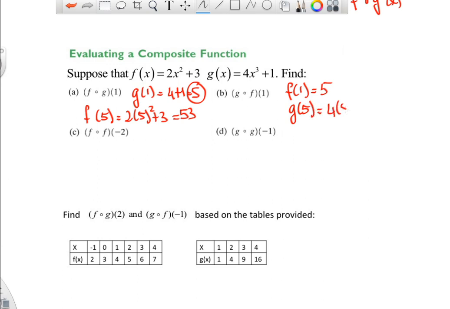So we're going to do 4 times 5 cubed plus 1, so that's 4 times 125 plus 1, so that's 501. So there's a huge difference in the two values.